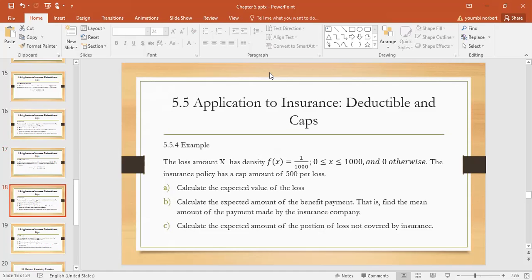The insurance policy has a cap amount of 500 per loss. Calculate the expected value of the loss. Calculate the expected amount of the benefit payment. And then calculate the expected amount of the portion of loss not covered by insurance.